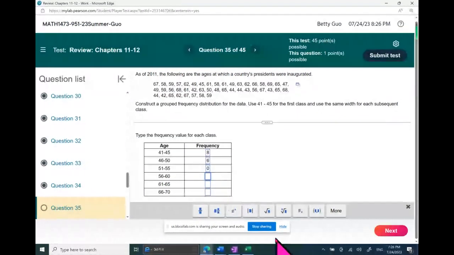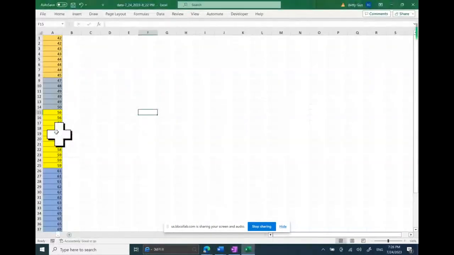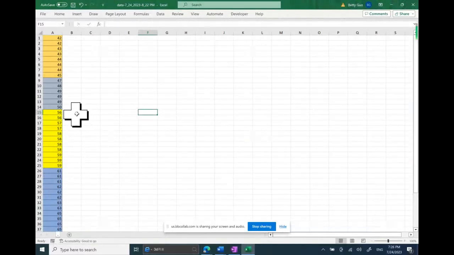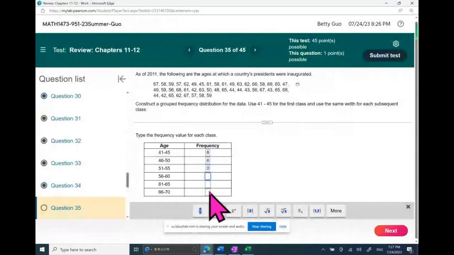And the frequency for 56 to 60. So this is yellow. What do we have? 25 minus 14, 11. You can also count it: 1, 2, 3, 4, 5, 6, 7, 8, 9, 10, 11. So that's 11.